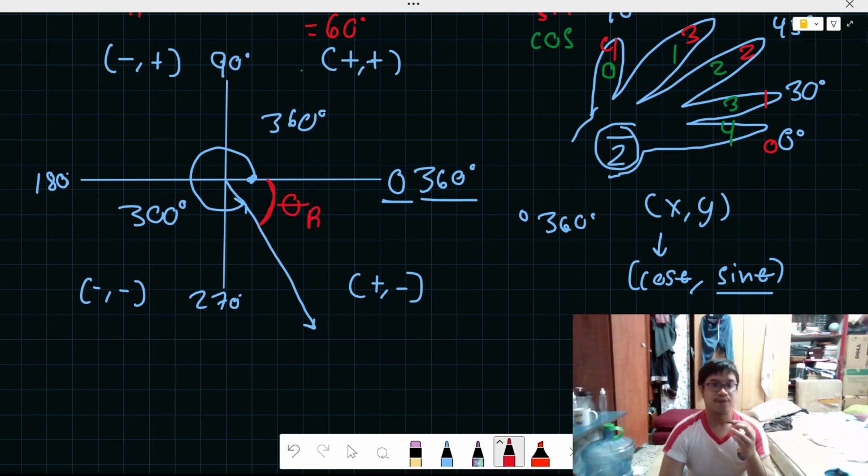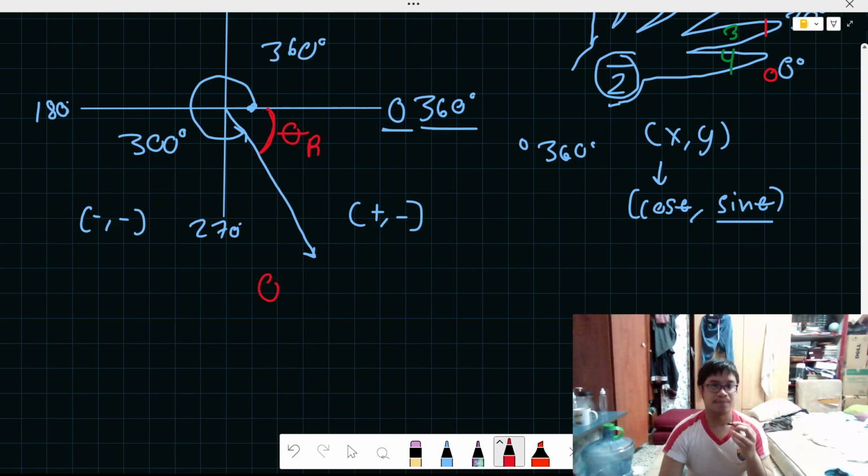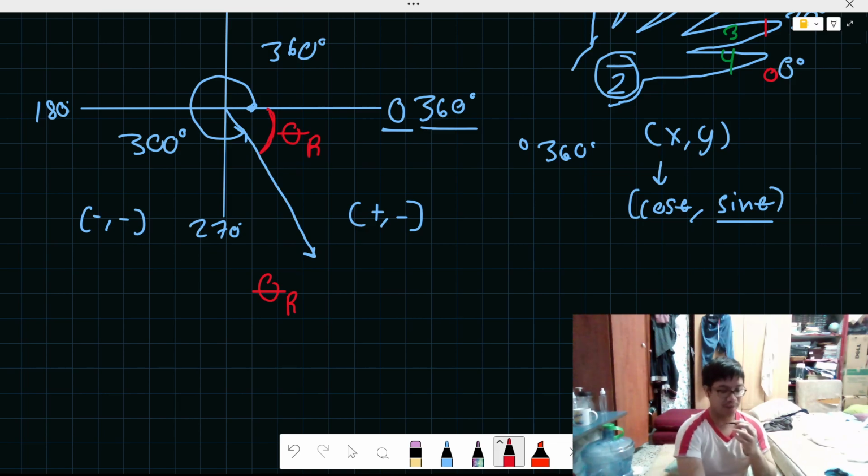If the angle is in the fourth quadrant and you're going to find its reference angle, all you need to do is subtract the given angle from 360 degrees.